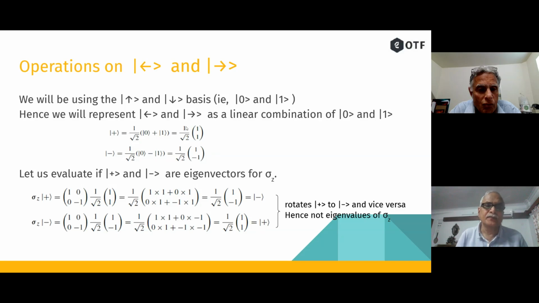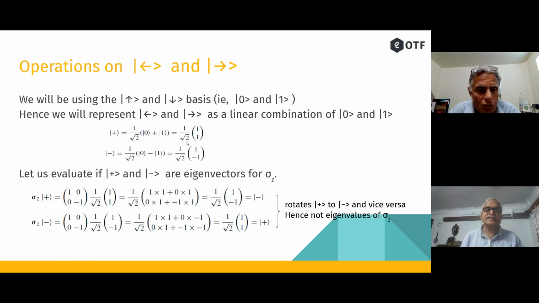Enlarged, I have 1 over root 2 times the column vector 1, 1. Similarly, ket minus is 1 over root 2 times the column vector 1, minus 1. So this is just the ket plus and ket minus scaled according to the representation in ket 0 and ket 1.